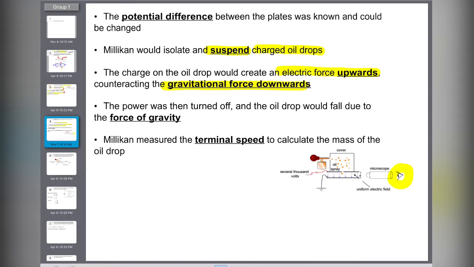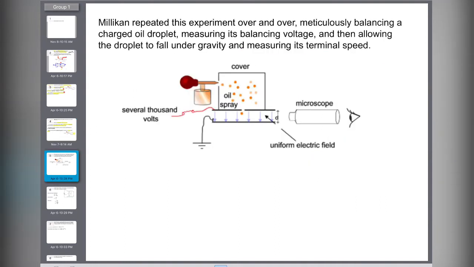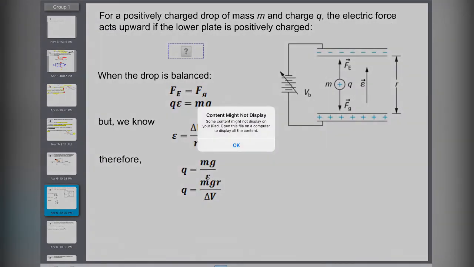Then they measure the terminal speed so it's not accelerating anymore. In that way, they can calculate the mass of the oil drop. He repeats this over and over again until he finds a consistent pattern.